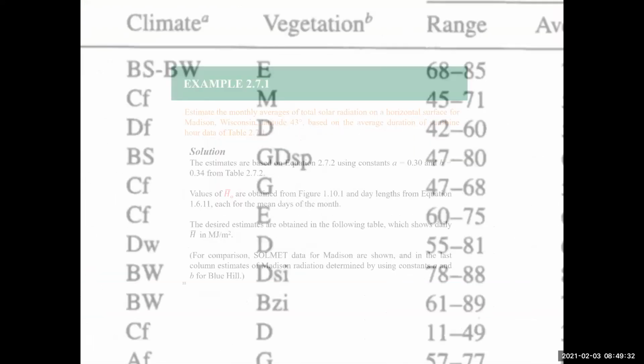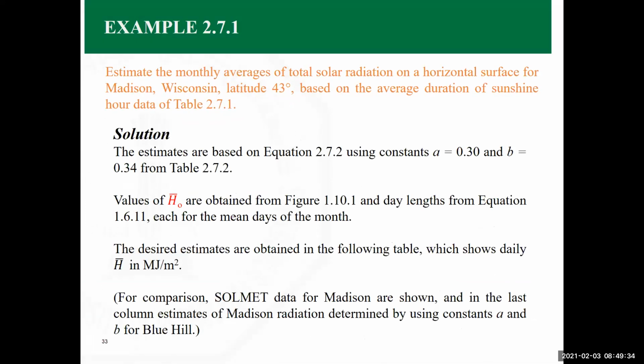Here's the example. It is asking to estimate the monthly average total solar radiation on a horizontal surface in Wisconsin-Madison, which has a latitude of 43 degrees, based on the average duration of sunshine hour that's available in the data, in the table.